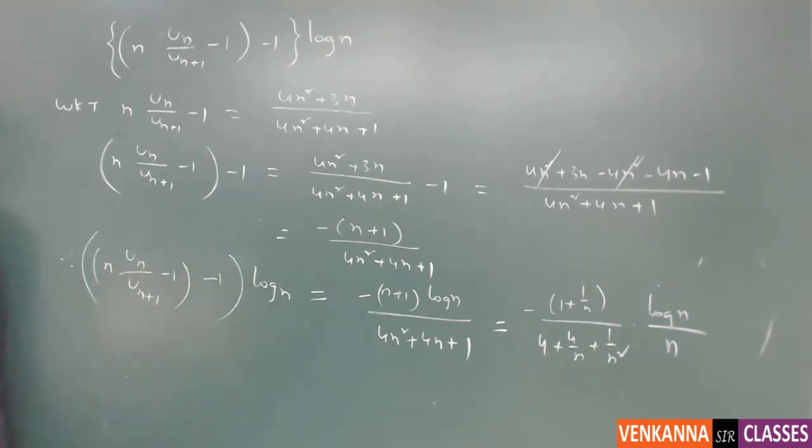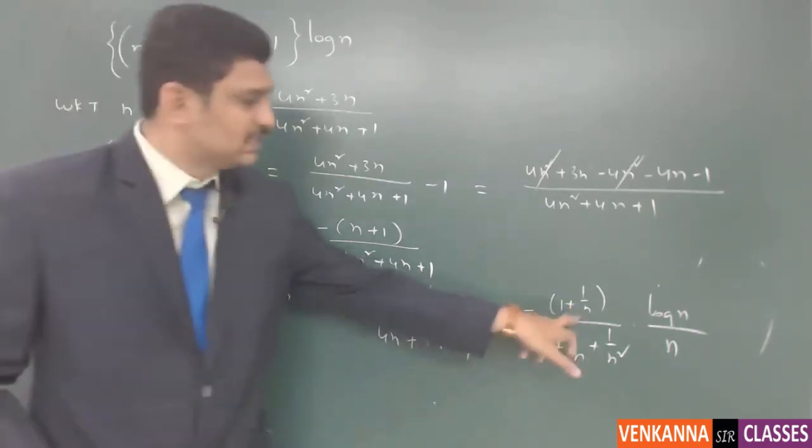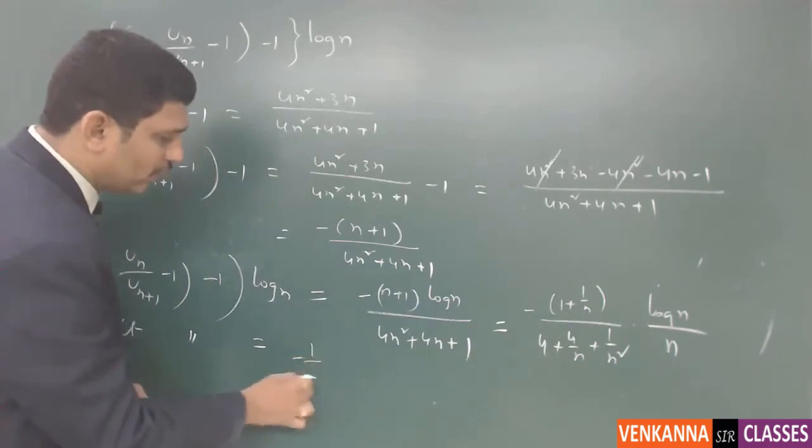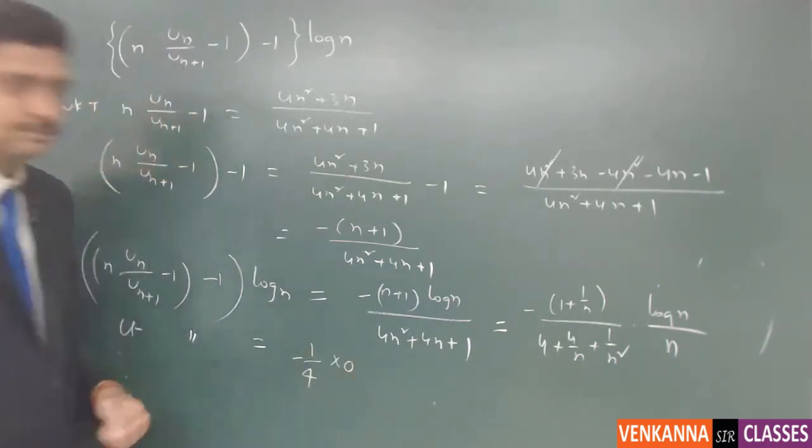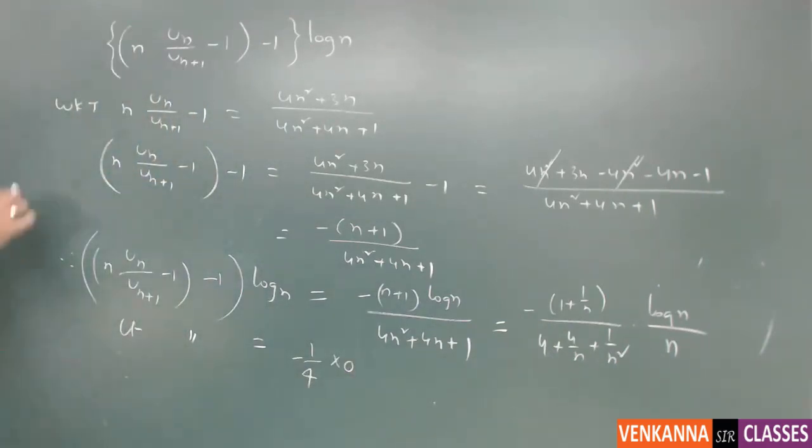Any questions for anybody here? So if you apply limit for this part, it is equal to 0 minus 1 by 4 into 0. So if you apply limit n tends to infinity, log n by n, it is equal to 0 by L'Hospital rule.